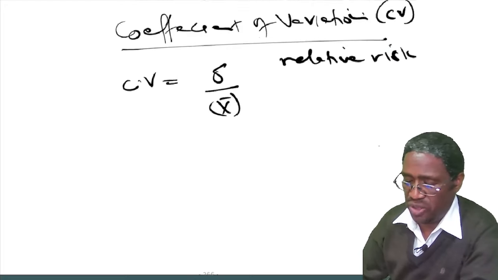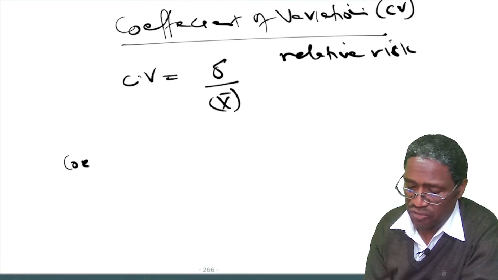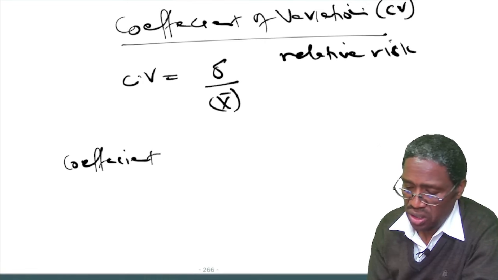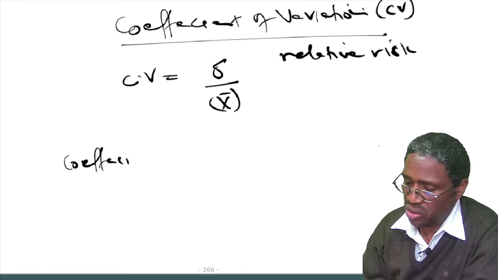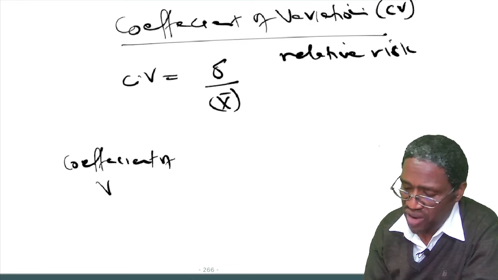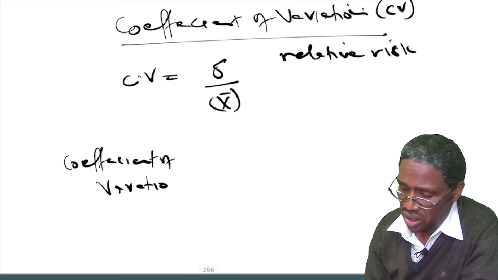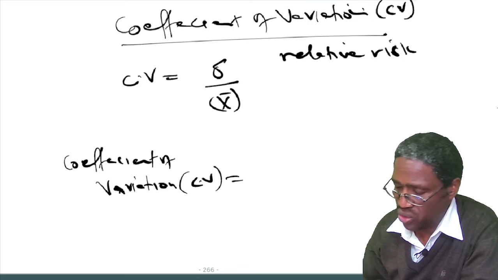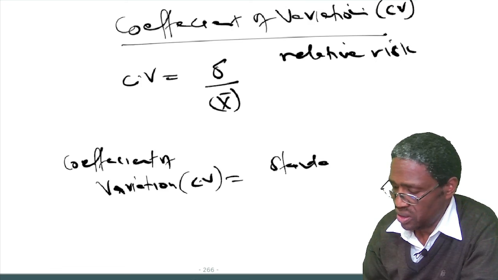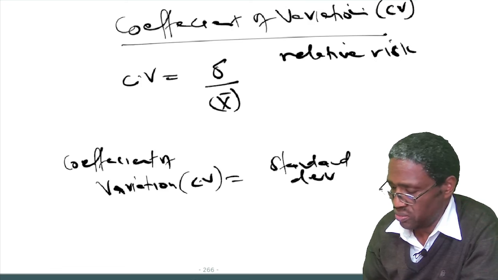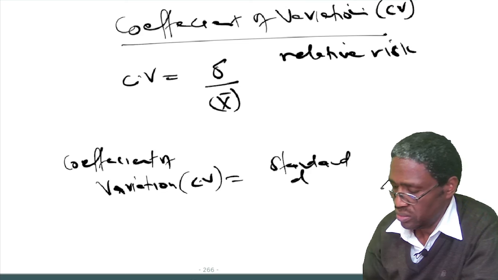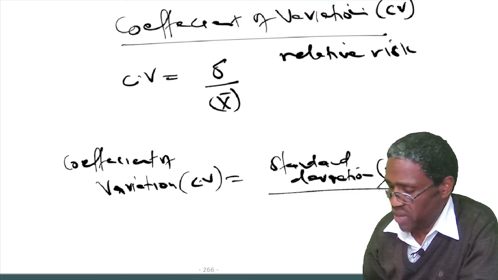Then copy the formula in full. You say your coefficient of variation, and put in brackets CV, is equal to standard deviation, theta, divided by the mean, x bar.